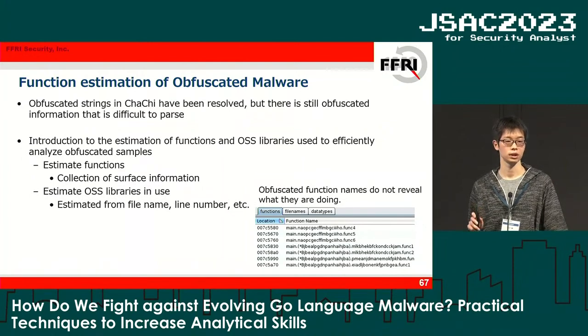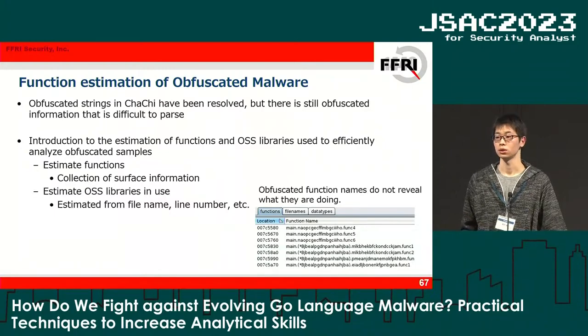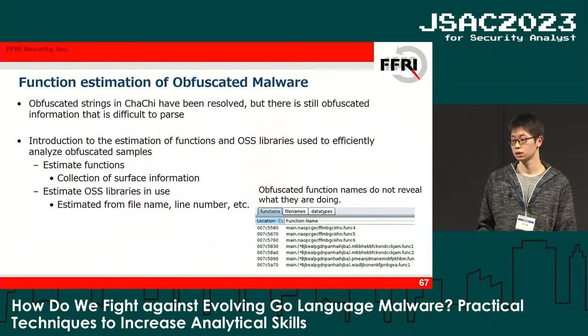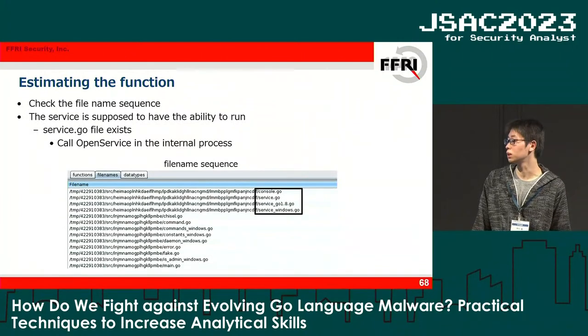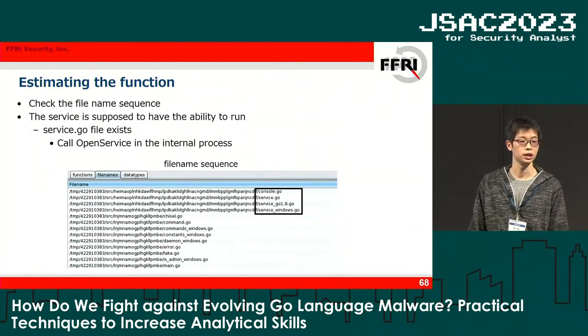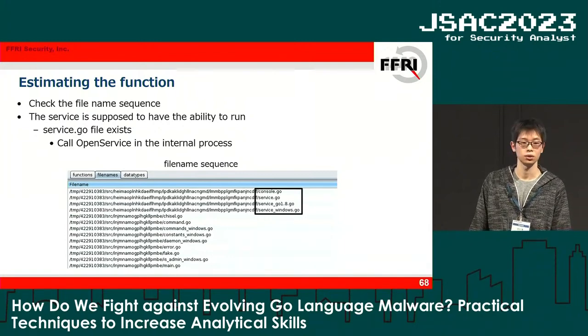With GoFuscate, after Chachi, the function name shown at the bottom is obfuscated, but if you look at the file information, it is not obfuscated. We have service.go and service_windows.go, so by assumption there is a function that uses the service.